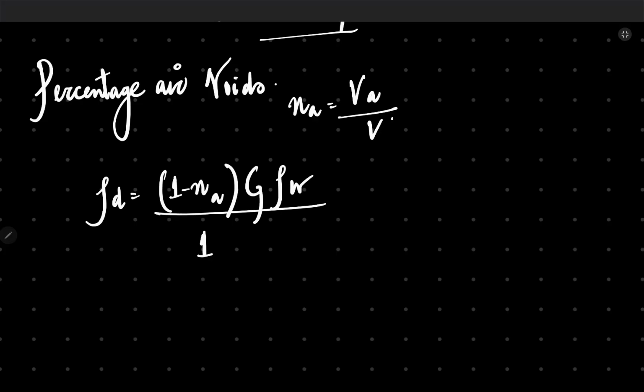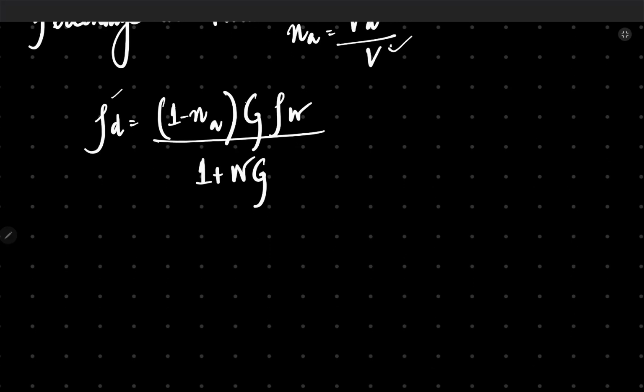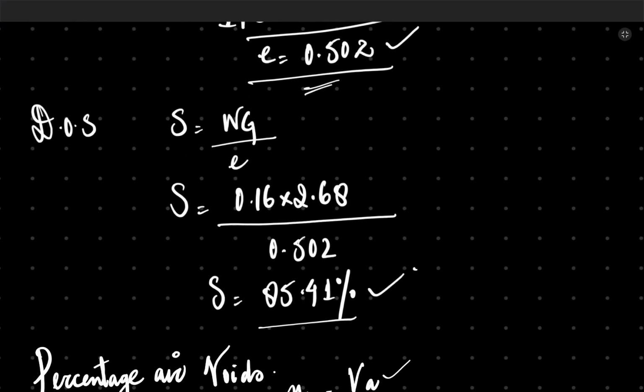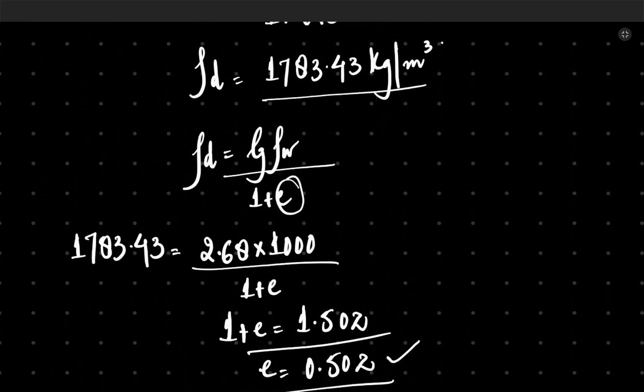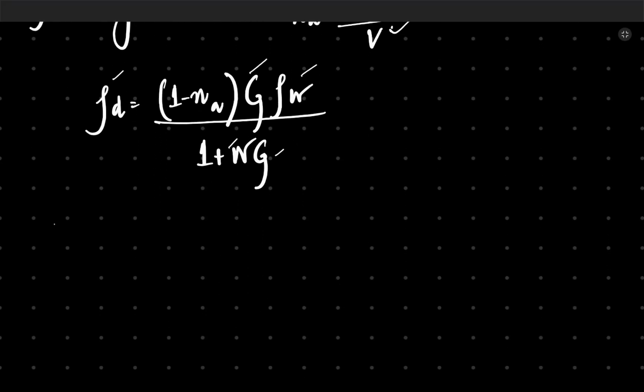This is the alternate equation to find the dry density when we have the percentage air voids, which is the ratio between volume of air to the total volume in the soil sample or the soil mass. But here we know the dry density, we know the G, this, and this. We can very easily calculate the percent air voids. See how? Dry density is 1783.43. Let me write it over here.